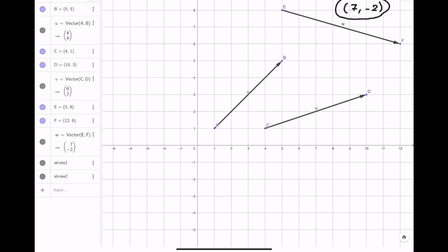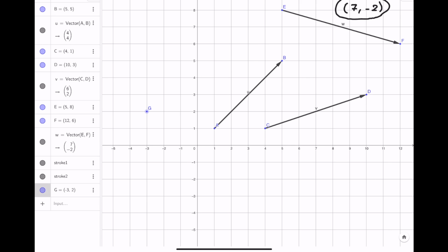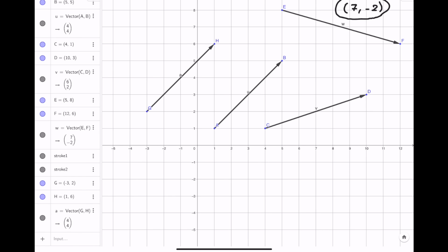So for example, if this vector AB is 4, 4, I can have this vector from here to here as well. So you see, in GeoGebra, are these two vectors different or the same?